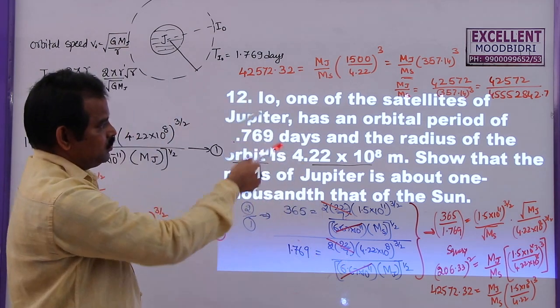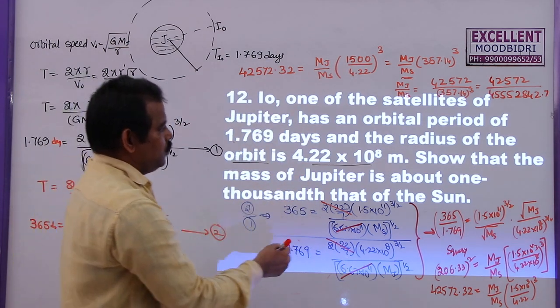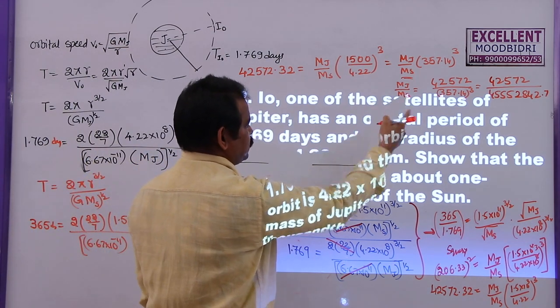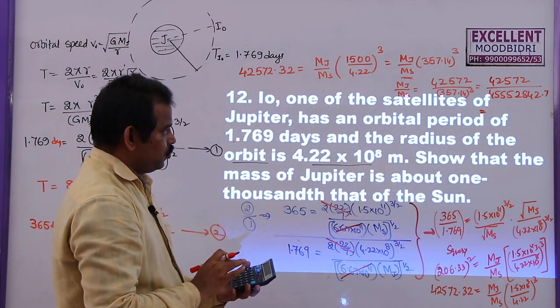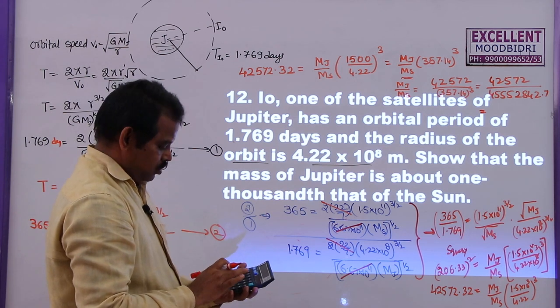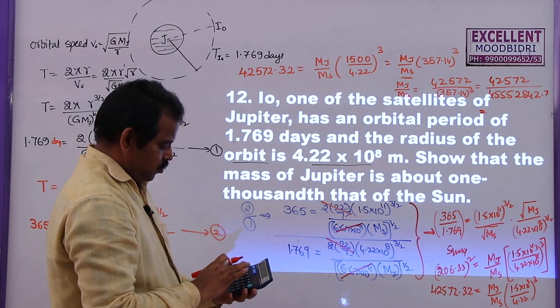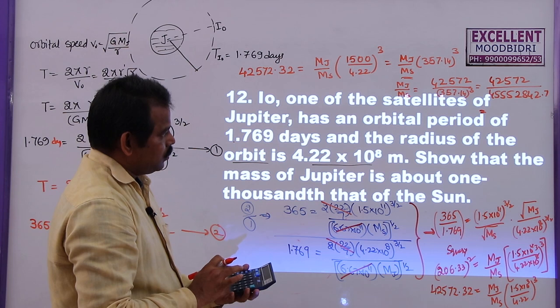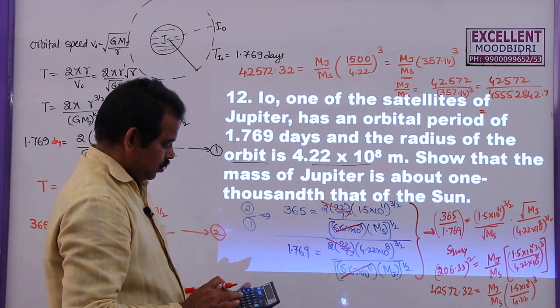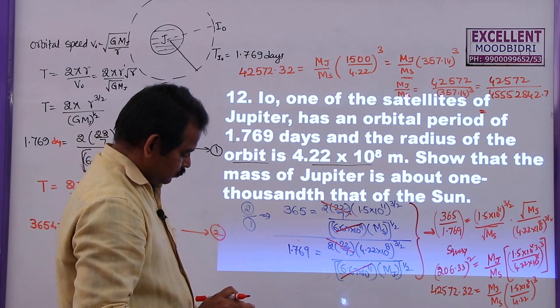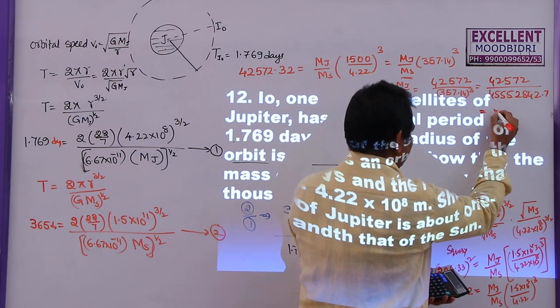So now you can see this one. If you divide these two, you will get the mass of Jupiter by the mass of Sun. So once again, 42572 divided by 4552842.